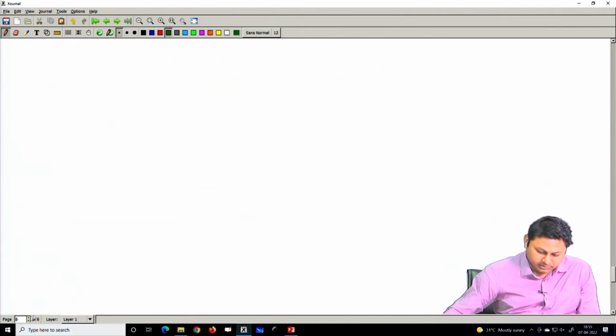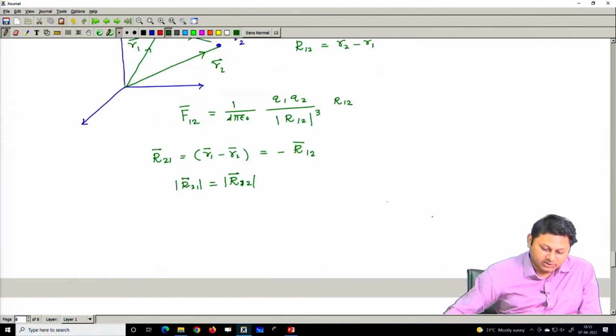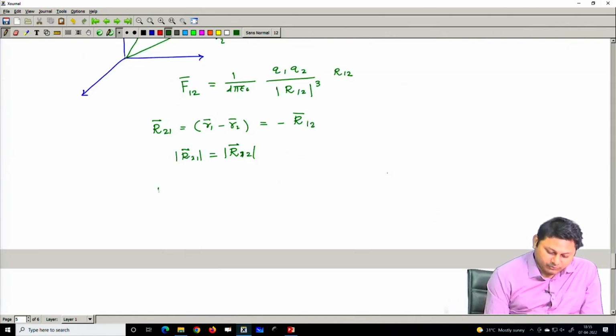But the question is, if I want to find out the force on 1 due to 2, then it should be 1 divided by 4 pi epsilon 0, and the same q1 q2, but now r will be r21 mod cube and unit vector r21.